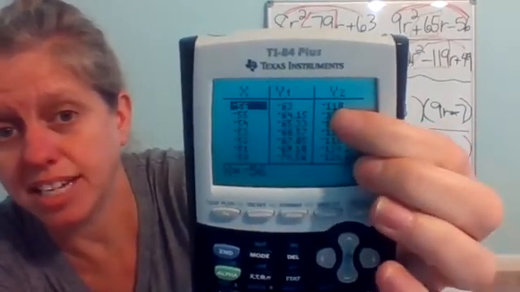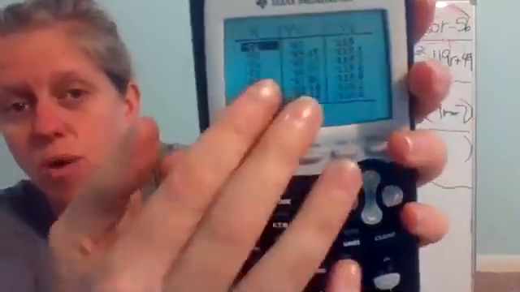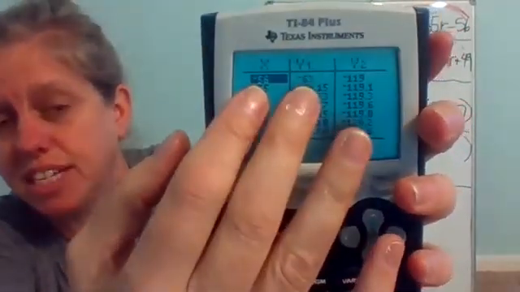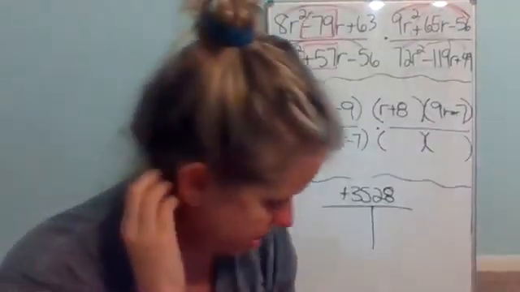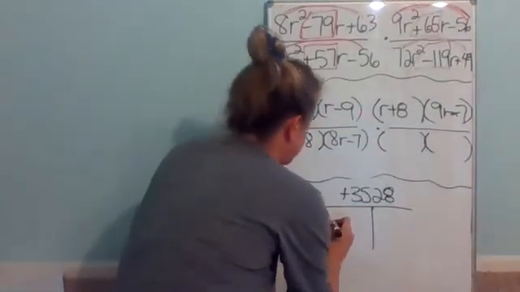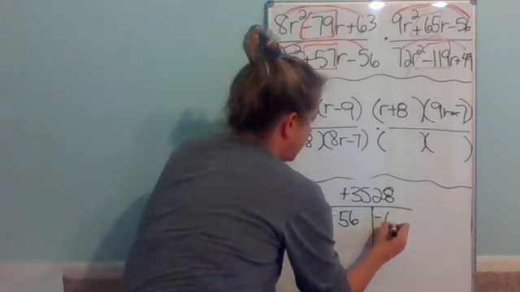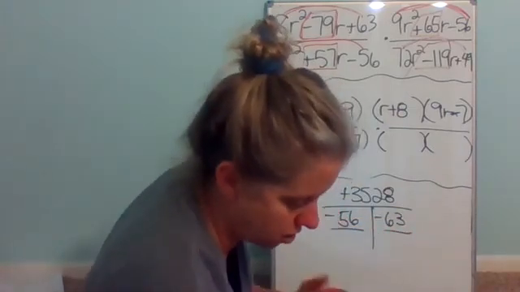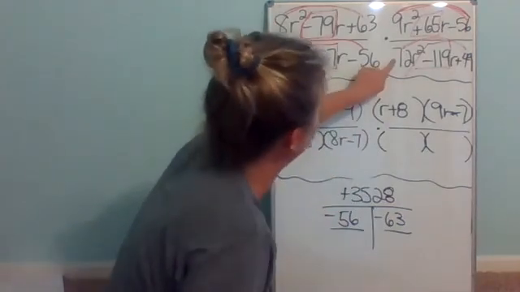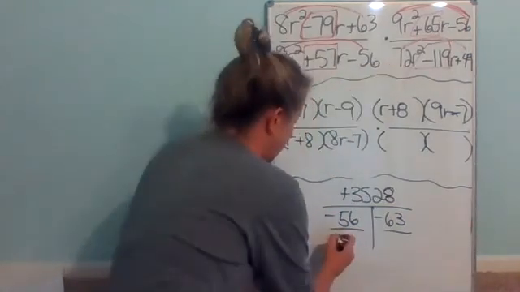There's negative 119. So what am I using? Negative 56 and negative 63 in my T-chart. Negative 56, negative 63. What do I put those both over? I'm going to put those both over. Yuck, 72R.